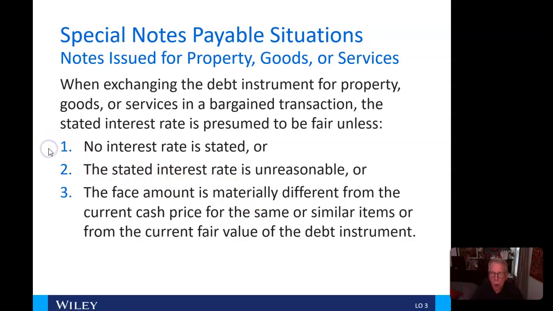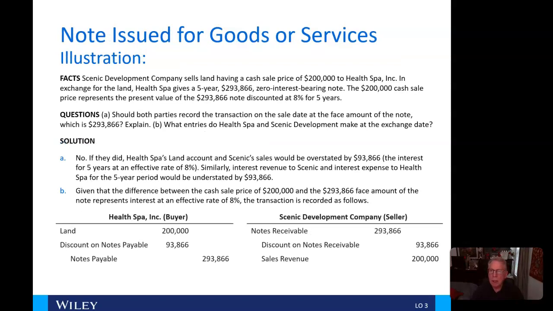Number 1, no interest rate is stated. Number 2, the stated interest rate is unreasonable. Or number 3, the face amount is materially different from the current cash price for the same or similar items, or from the current fair value of the debt instrument. Let's take a look.